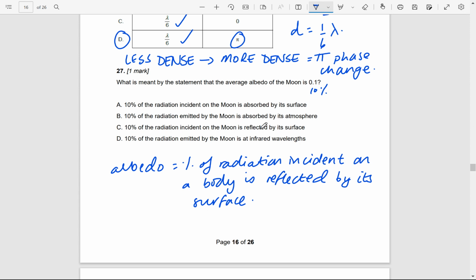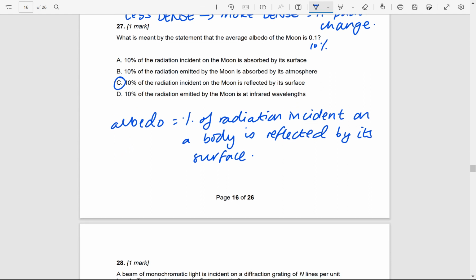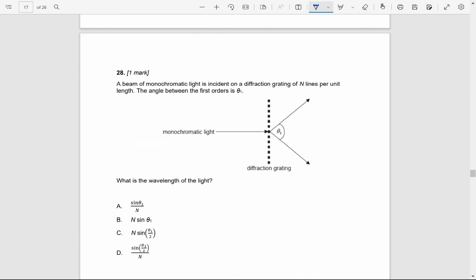So 10% of the radiation incident on the moon is reflected by its surface, which means that 90% is absorbed by its surface.